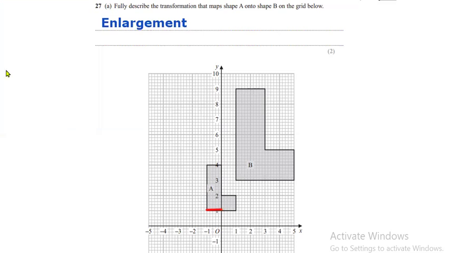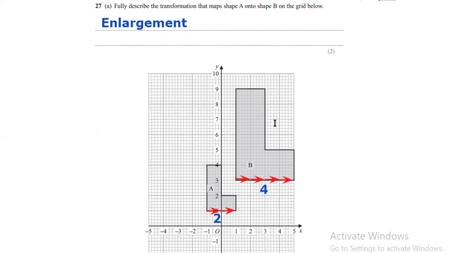Let's talk about the base, for example. This base is 2 centimeters, and this base became 4. So from 2, it became 4.